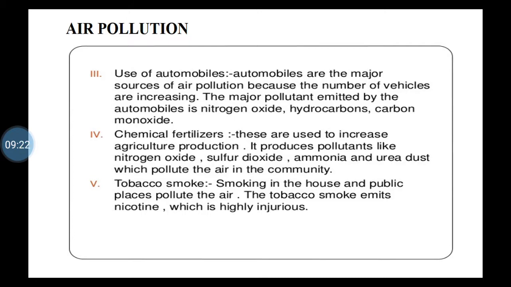Many people smoke in public areas, isn't it? That is tobacco smoke. Other than that, smoke which is evolved from the houses, so that is also another factor. And tobacco smoke emits nicotine which is highly injurious.